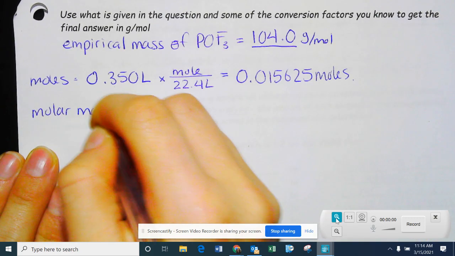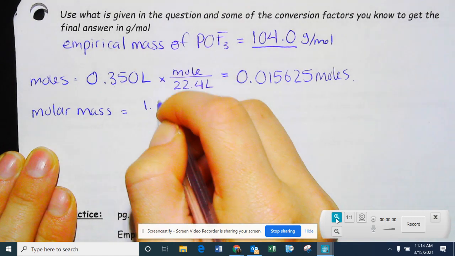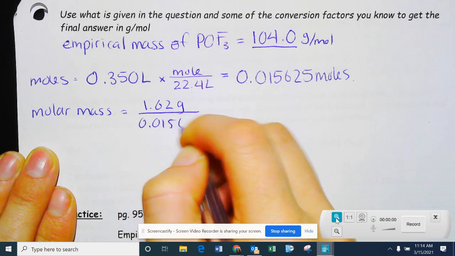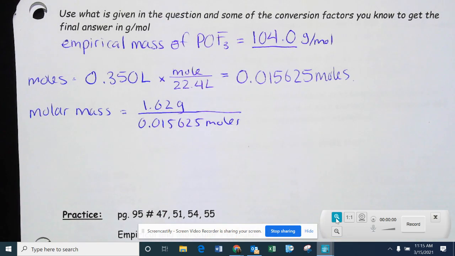All right, and then I need to figure out my molar mass. So molar mass is grams per mole, and I know that I've got 1.62 grams, and I've got 0.015625 moles. Do you all know how to save your answers and then use them later in your calculator? It's a little bit different on each calculator, but I would recommend finding out how to save your answers and then bring them back later.